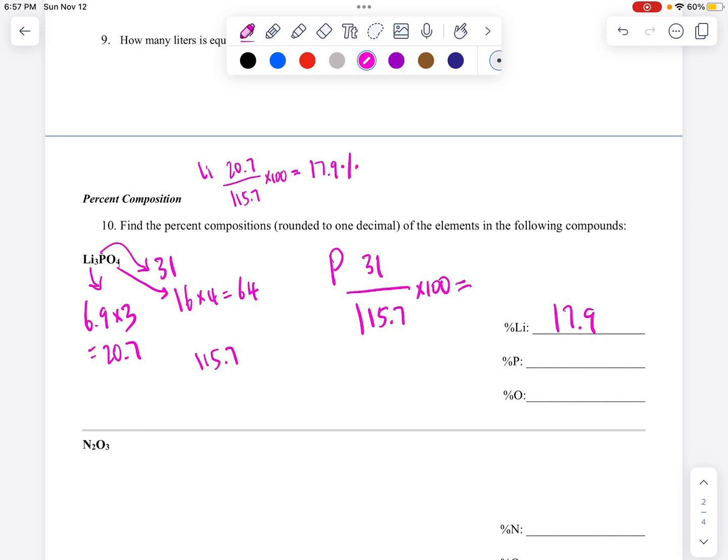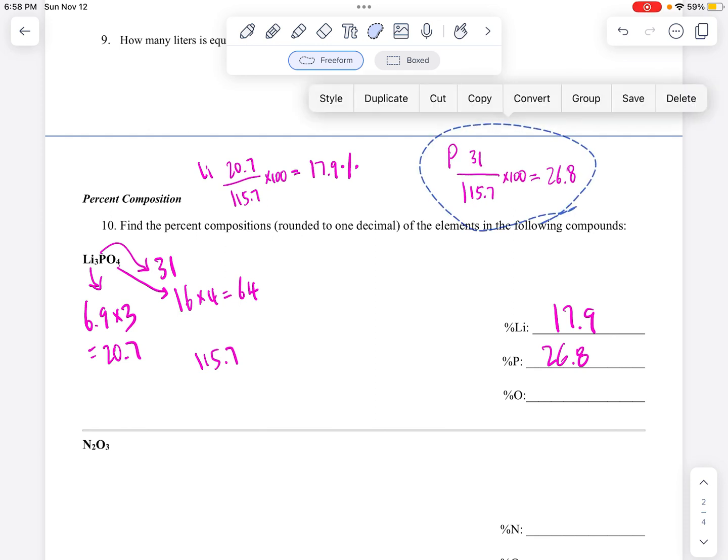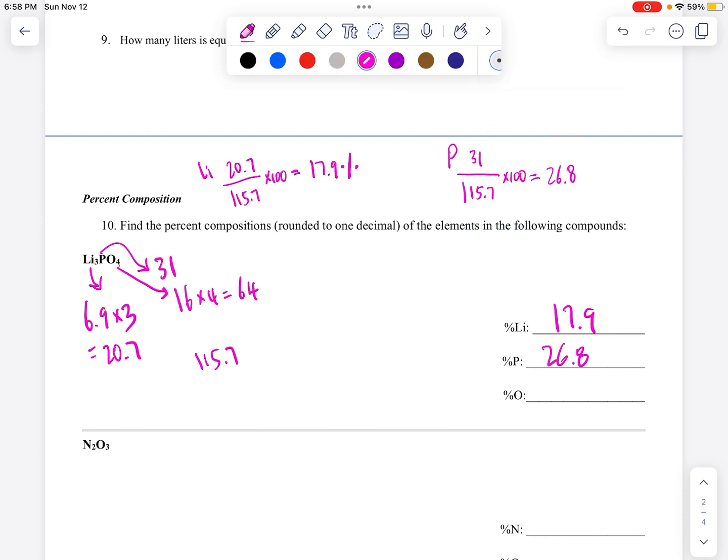Just quickly doing that on my calculator. That's about 26.8%, okay? Okay, so that's good. All right, same thing as what I just did. I'm gonna move that out of the way because I don't need that anymore. But I am gonna keep those percentages for later because I need to make sure that they all add up to 100%. Otherwise, something's wrong, right?